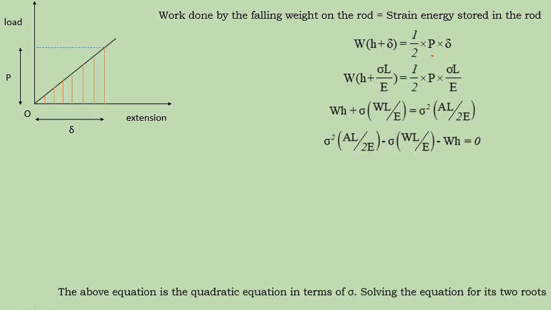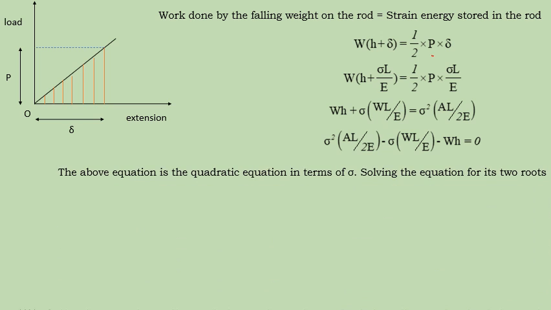So it is like a quadratic equation. We can find the roots of this equation. So it is like ax square plus bx plus c is equal to 0. So we know the formula: minus b plus or minus root of b square minus 4ac divided by 2a.